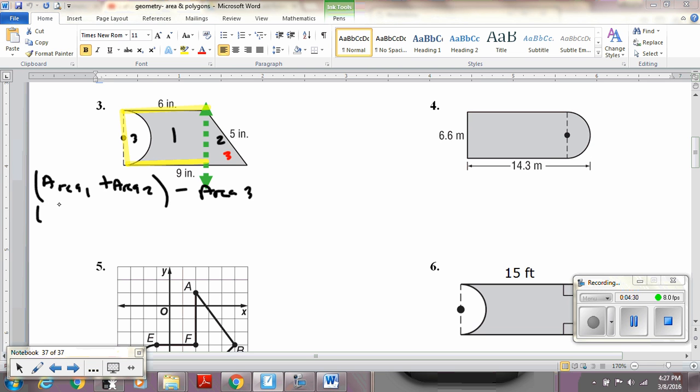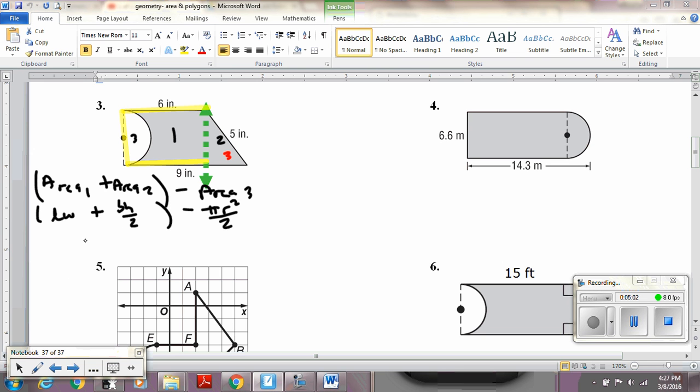Figure 1 is the rectangle. I need length times width. Figure 2 is a triangle. I need base times height divided by 2. And figure 3 is a semicircle. It's not a full circle. I know a full circle can be found by taking pi times radius squared. So if I want half of that, I'm going to divide it by 2.